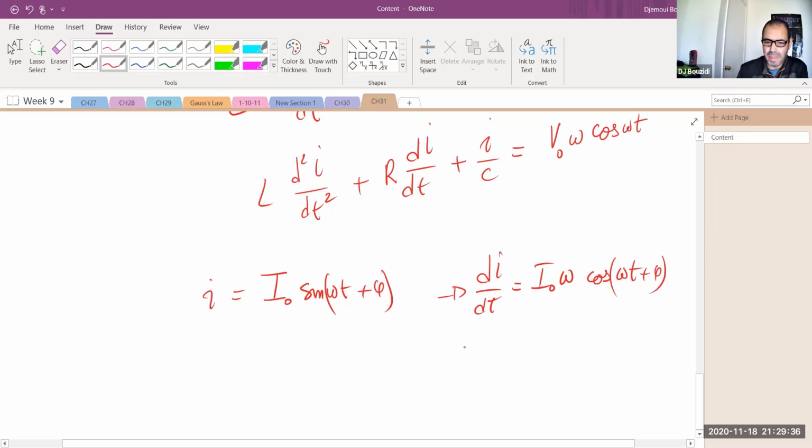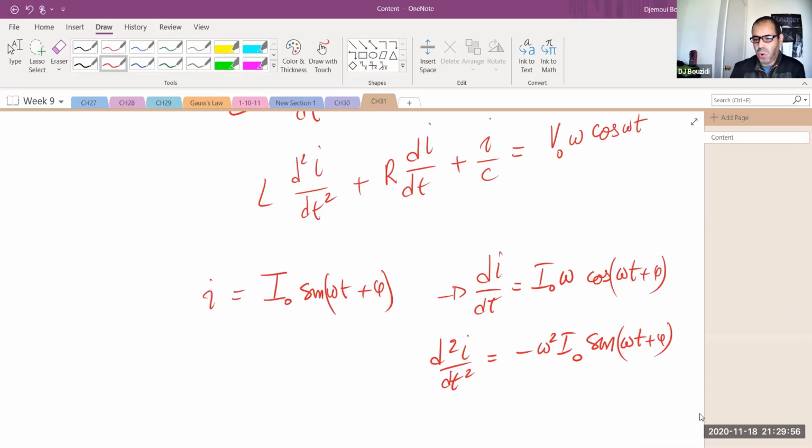And what else do we need? The second derivative of I with respect to time is going to be minus omega squared I naught times a sine of omega t plus phi.